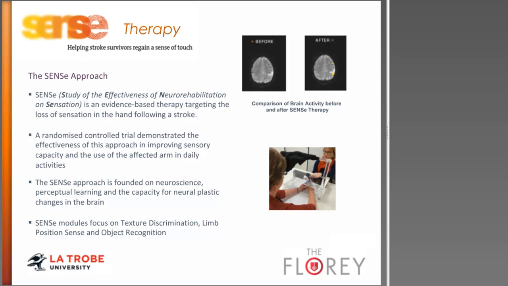Another important focus of SENSE therapy is that it involves linking some of this impairment-based training to occupational goals. So patients will select where they feel that the sensory impairment is having the most effect, and aspects of those tasks will be retrained in therapy sessions.